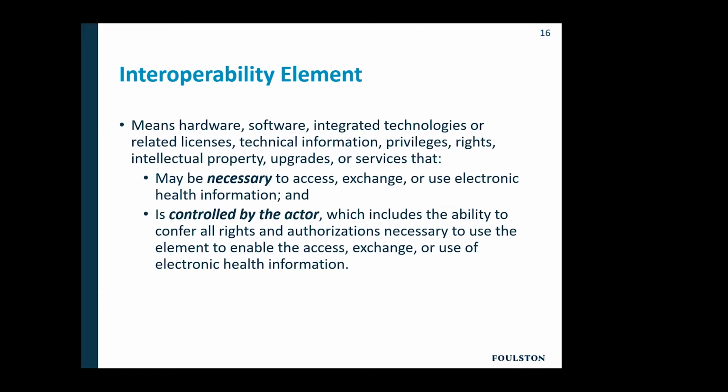You can interfere with the access, exchange, or use because you have developed the software, and that is going to be okay, and you're not going to be in violation of the information blocking rule.